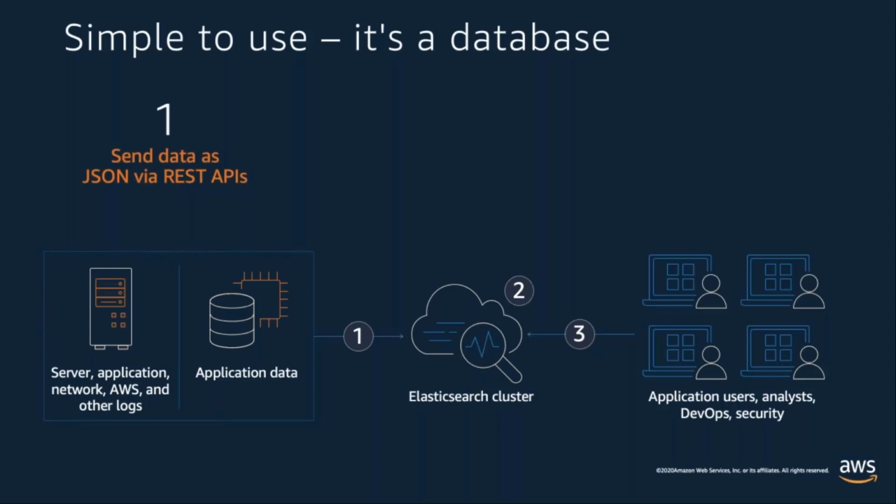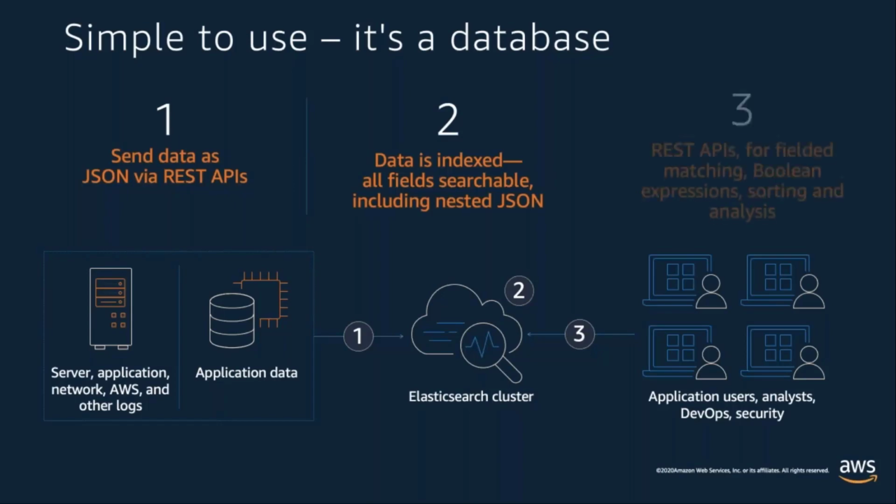Elasticsearch works entirely via REST APIs, or you're going to format your application data as JSON and send that into Elasticsearch as well. Elasticsearch then will index all of the fields in your JSON to provide fielded search on that data. So again, you've already translated it into JSON. Elasticsearch is indexing the fields in your JSON to allow you to search against them.